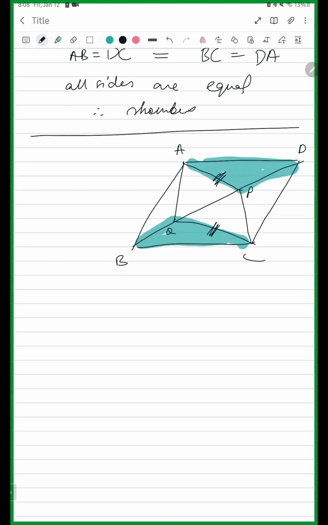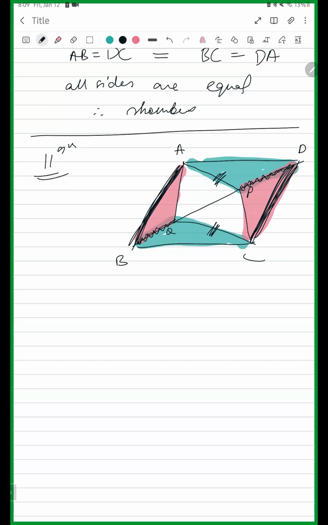This is going to be in a very similar way as the first part of the question. Since this is a parallelogram, that means this side will be equal to this side. Yes. And also, since these two triangles are congruent, the green triangles are congruent, therefore the side PD will be equal to the side QB.